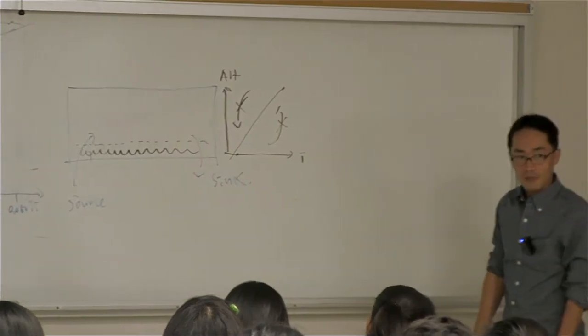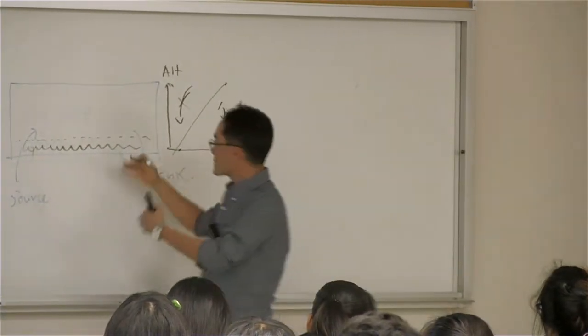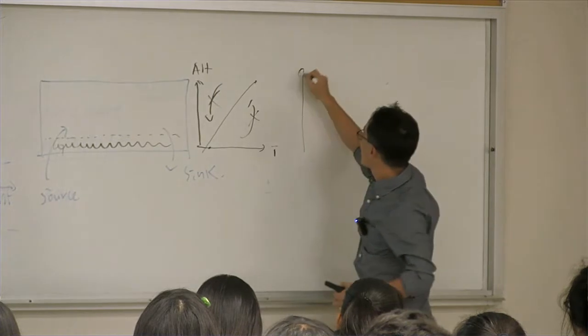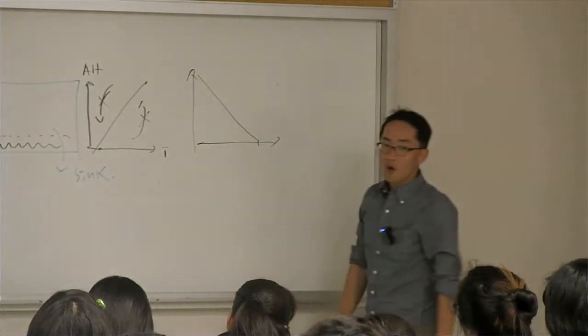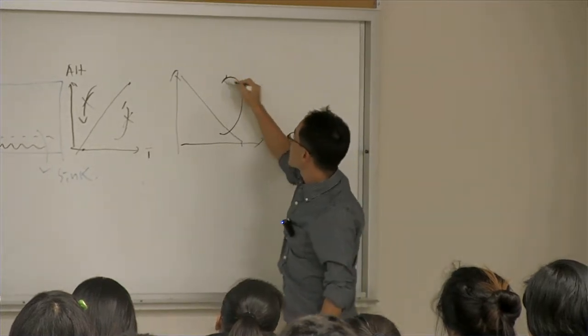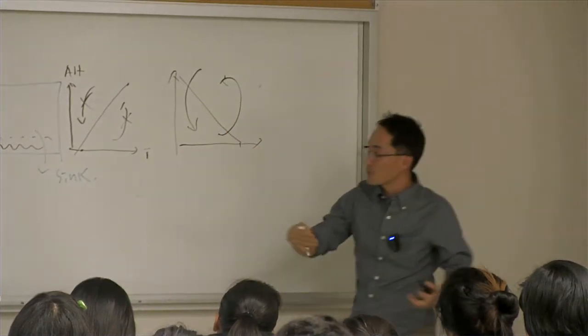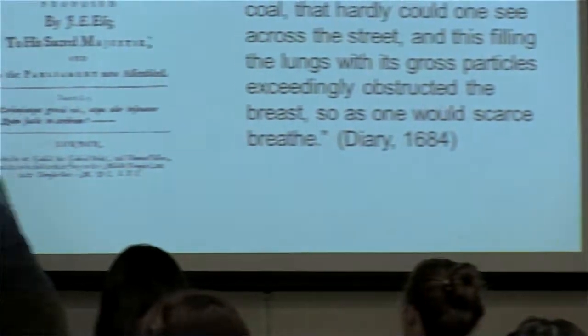So if you are emitting air pollutants in here, they are going to be mixed in the shallow layer on the bottom, right? If we assume in the summertime the temperature out here is higher than up high, then circulation is going to happen. Let's use a different color.